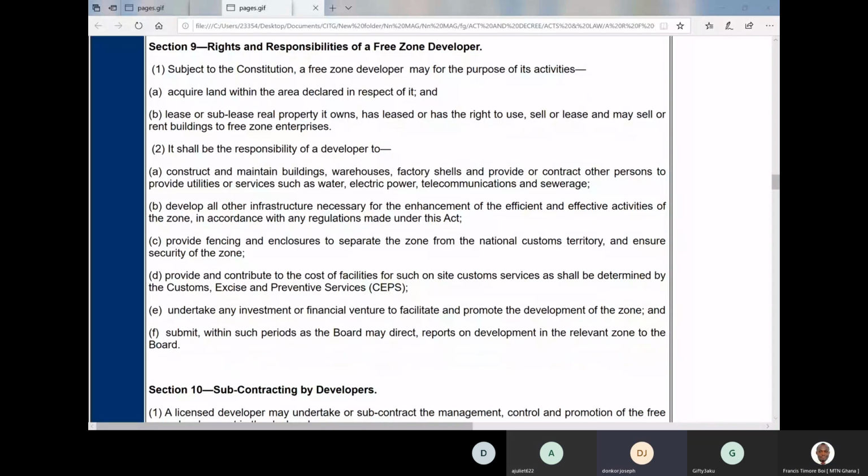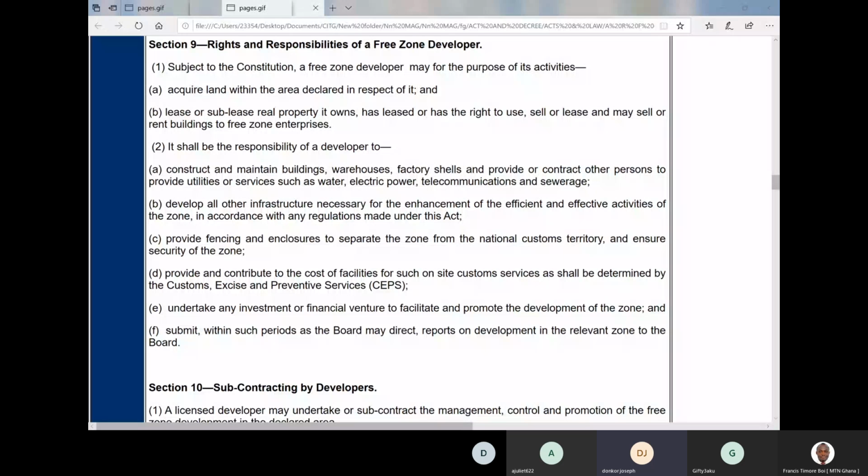9. A developer is responsible for A. The construction and maintenance of buildings, warehouses, factory shells, and may provide or contract other persons to provide utilities or services such as water, electric power, telecommunications, sewage.